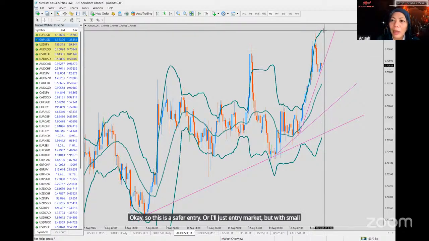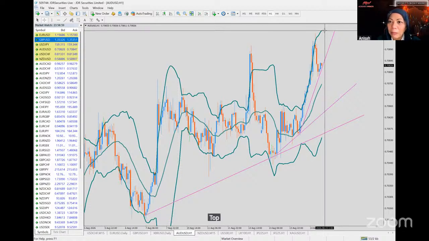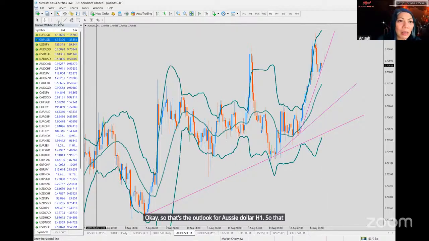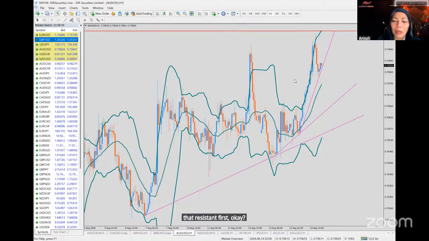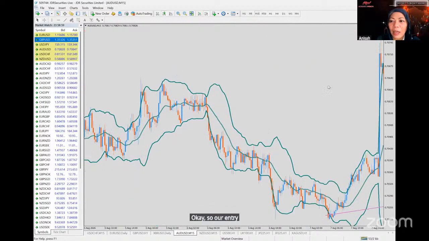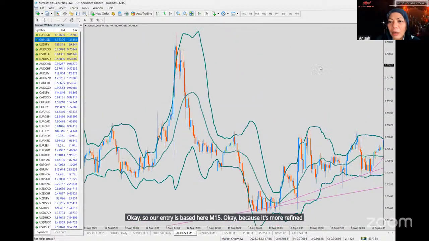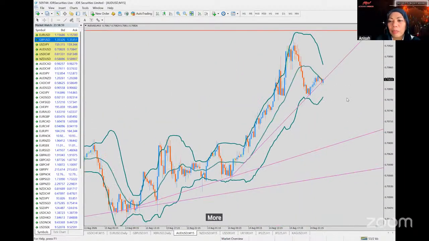My target will be the top BB line. So that's the outlook for Aussie dollar H1. Let me mark that resistance first, because this is an intermediate trend chart we're looking at. Our entry is best here on M15, because it's more refined, more zoomed in.